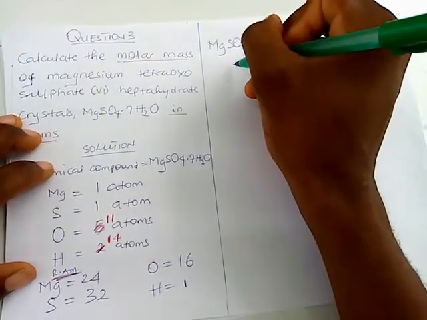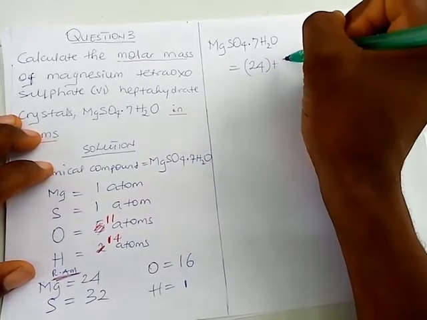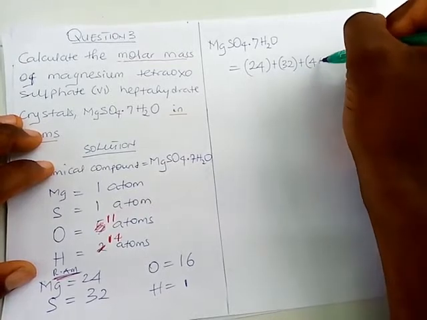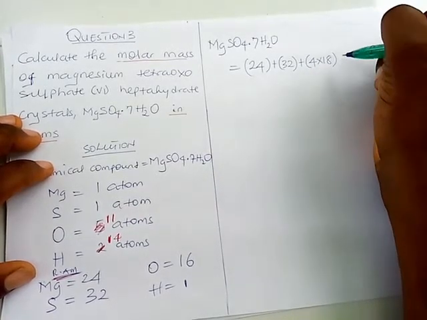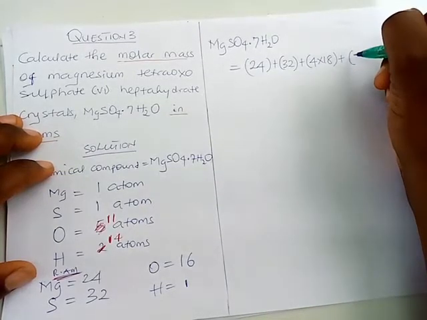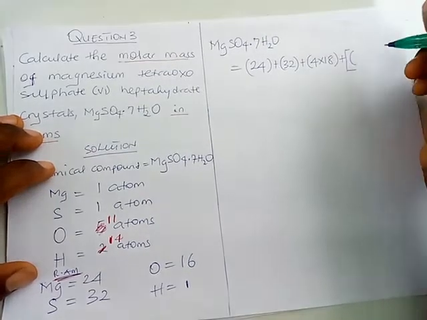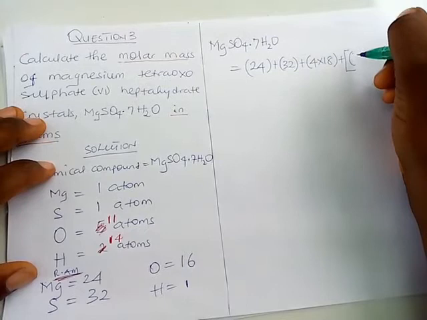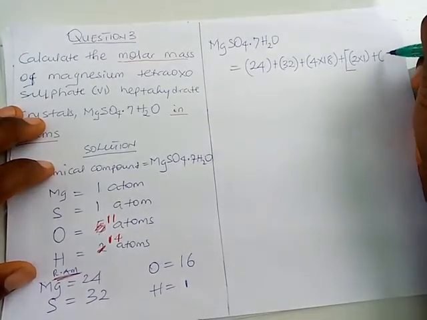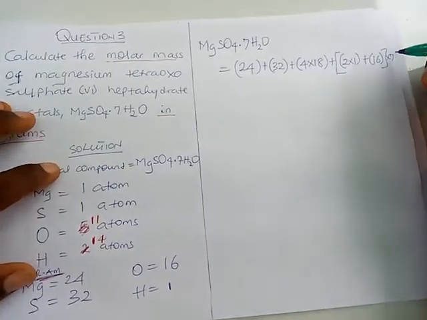what we then do is just to begin to add. So for magnesium 24 plus, for sulfur we have 32 plus, oxygen 4 times 18, plus for hydrogen we have 2 times 1 plus 16, everything in this bracket times 7.